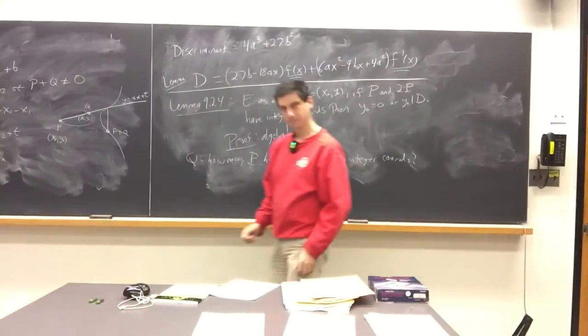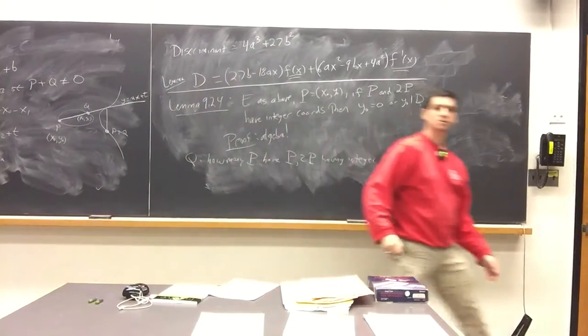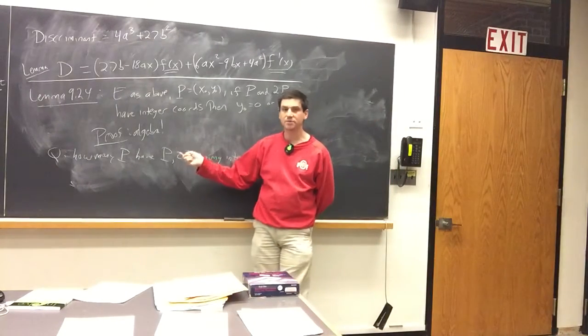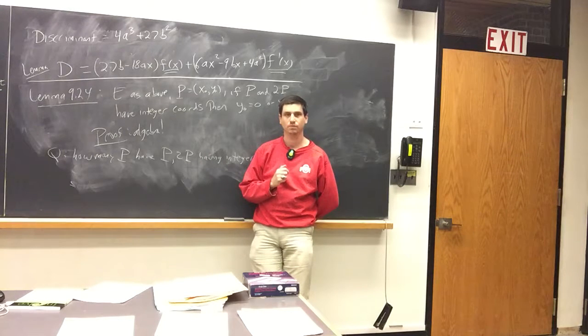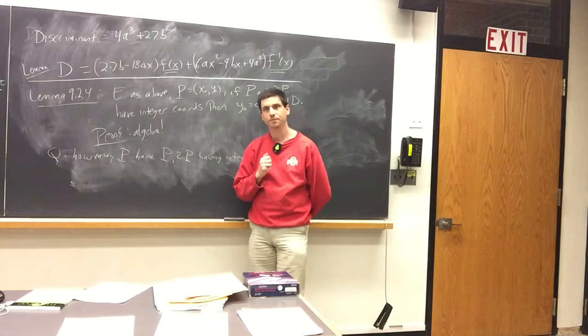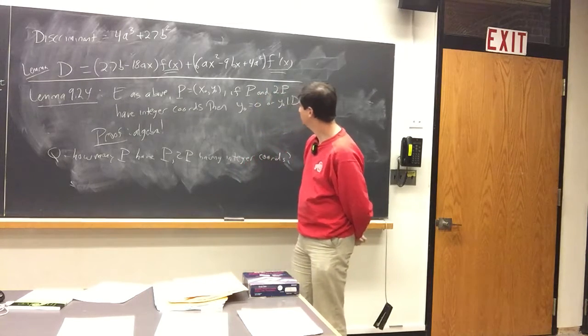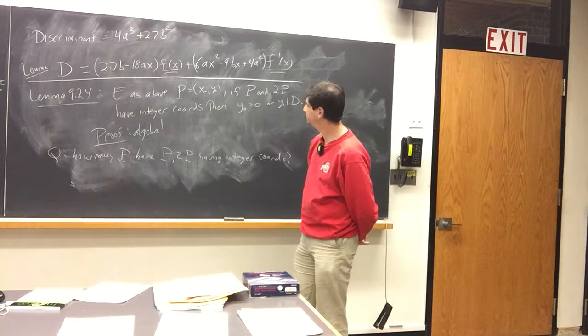So I can make this. There we go. So how many times can I get both p and 2p to have integer coordinates? So you're saying that there could be infinitely many? y.